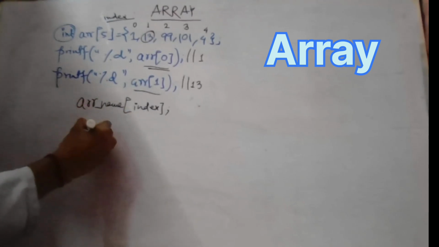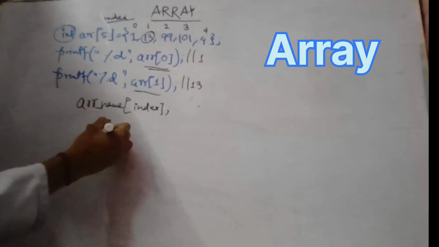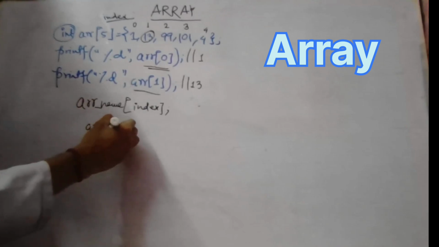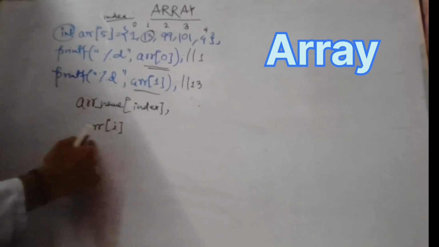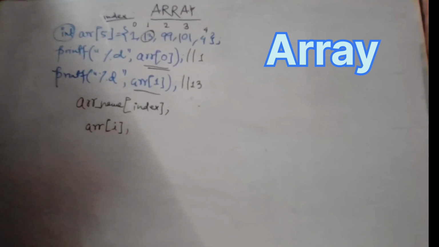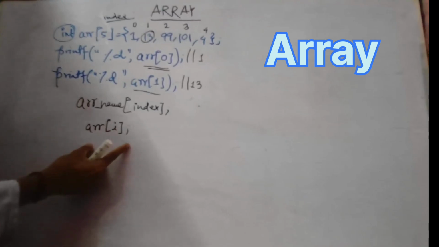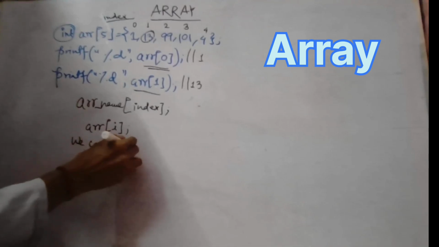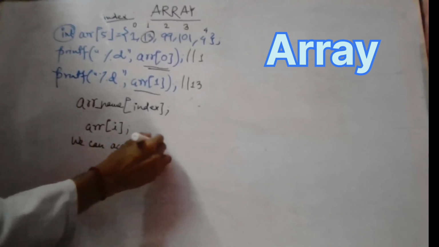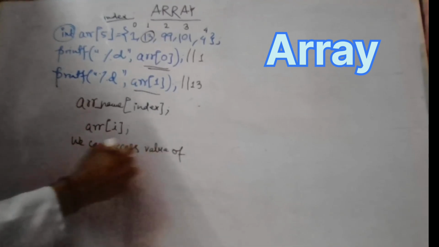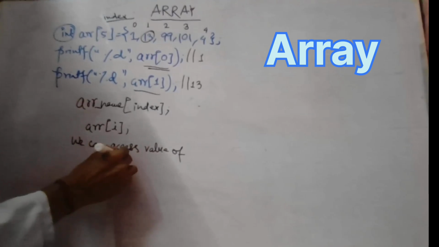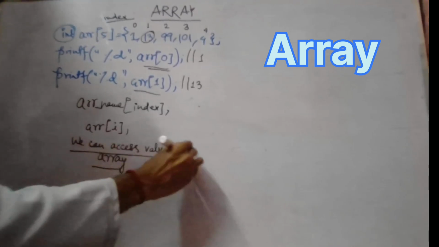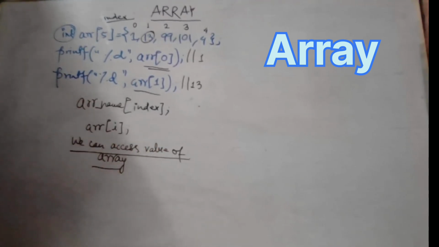Here the array name is ARR, and the index can also be written as ARR of i. So you write ARR of i, and here we can access the value of the array. In this way you can access the value of an array.